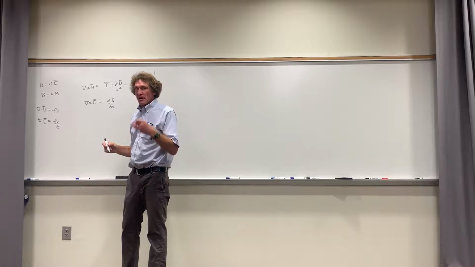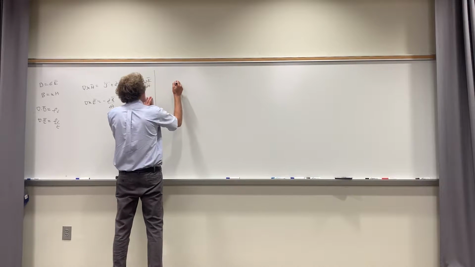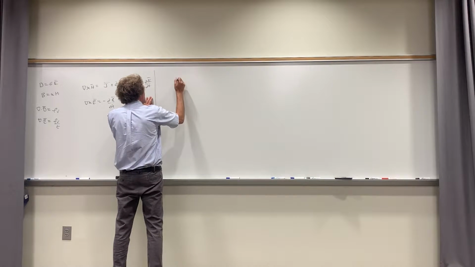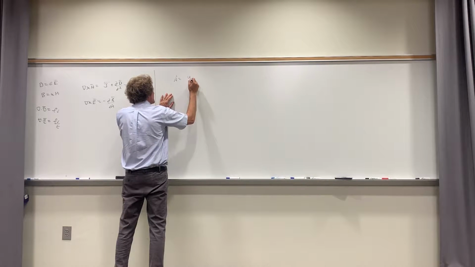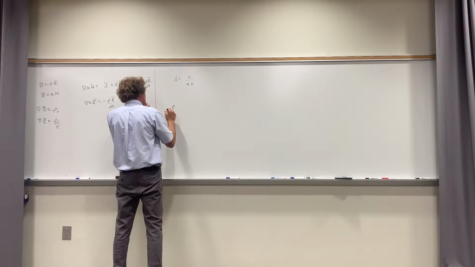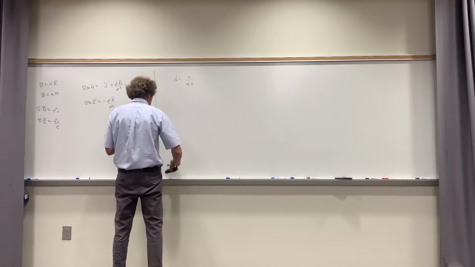Now here's the new stuff. Now we talk about a magnetic vector potential A, and A is defined with mu over 4 pi. If I have a differential chunk of current, I'll put it in the Z direction.